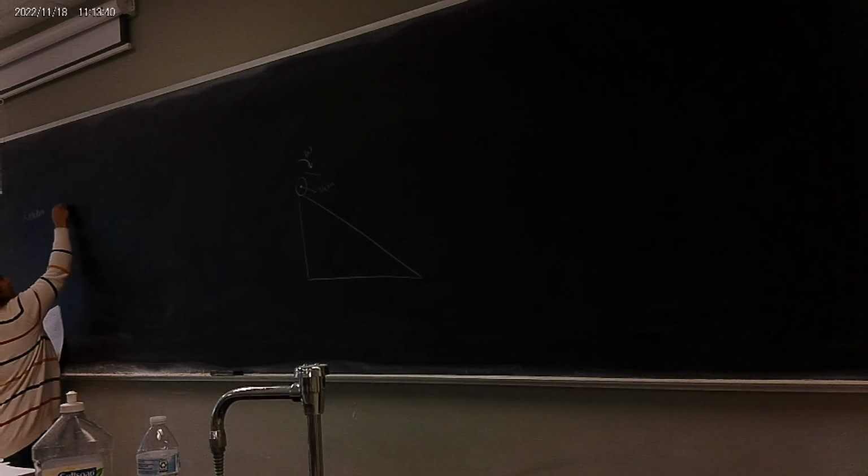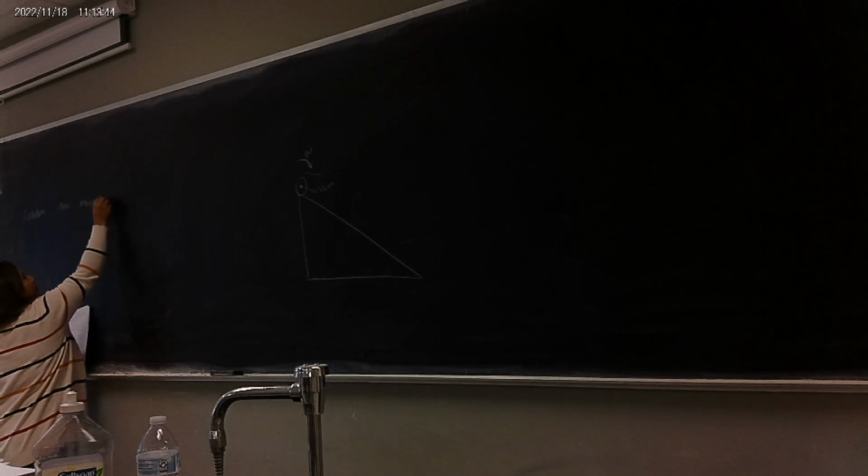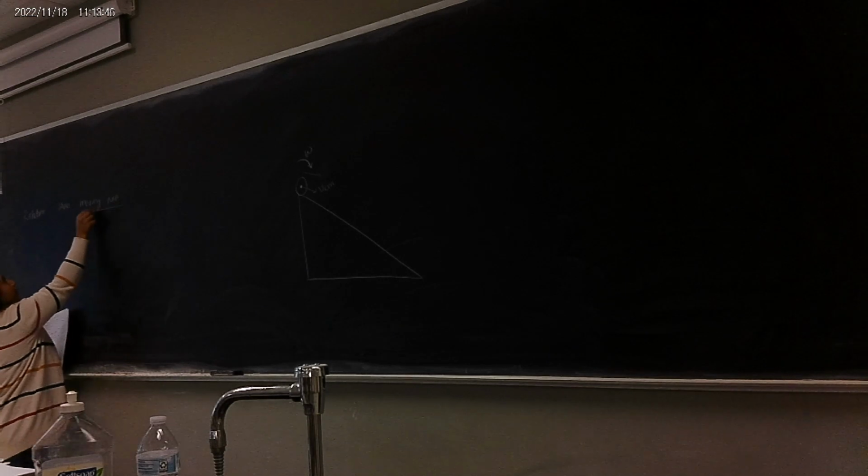Now there are some rules. Motion of rotation about a moving axis. This topic will talk about the similar situation in which not only is the object rotating, it's moving in a straight line too, it's translating too.